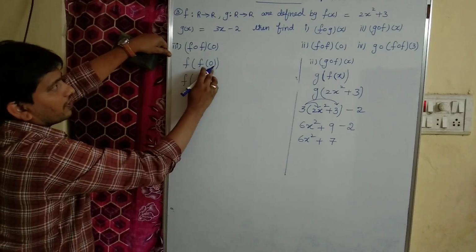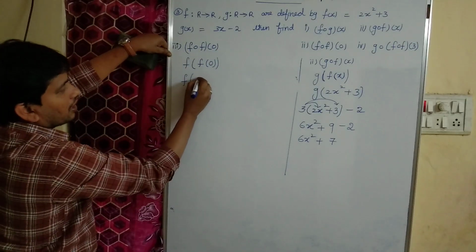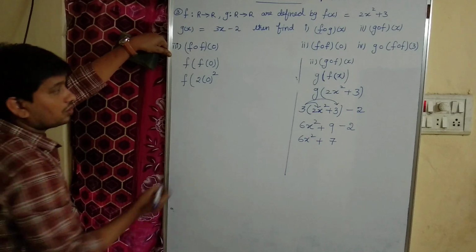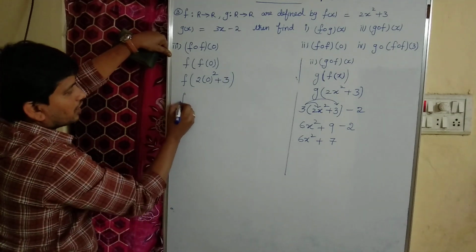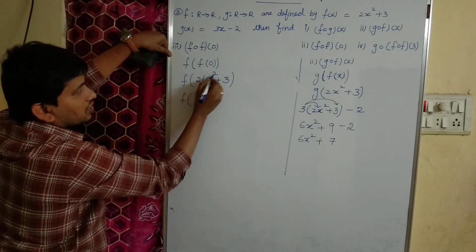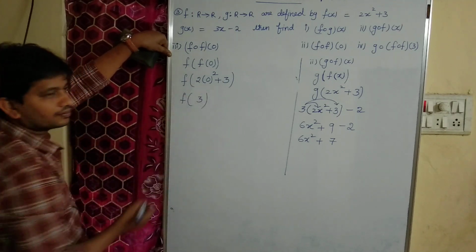Which is in the form of f of x. As we know, f of x is 2x square plus 3. I mean 2 into, in place of x, we have to substitute 0. 2 into 0 square plus 3. So f of 0 is 2 into 0, 0, because 0 square value is 0, children. 0 into 2 is 0. 0 plus 3 is 3.